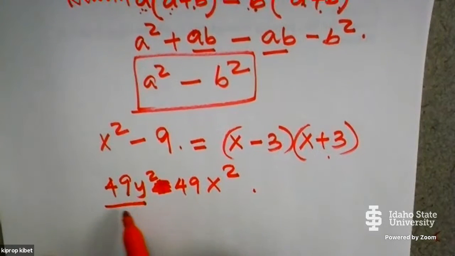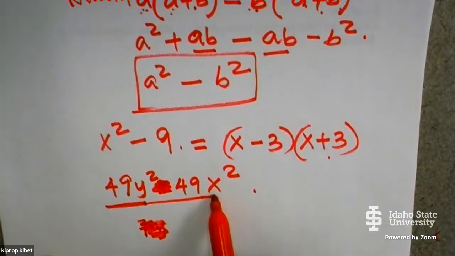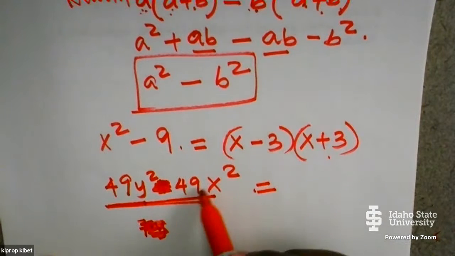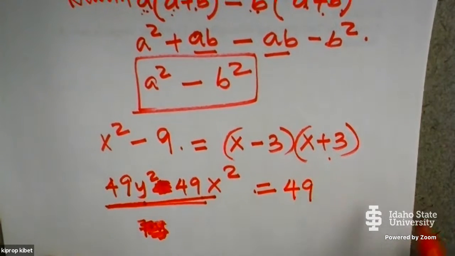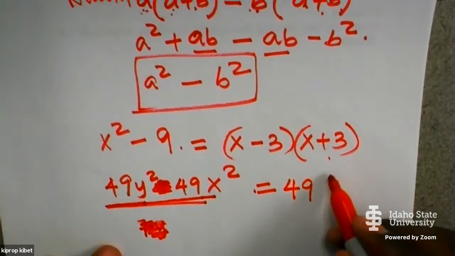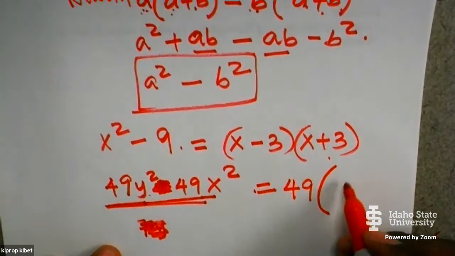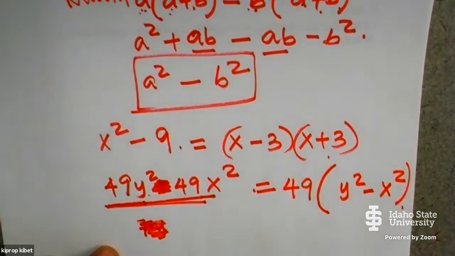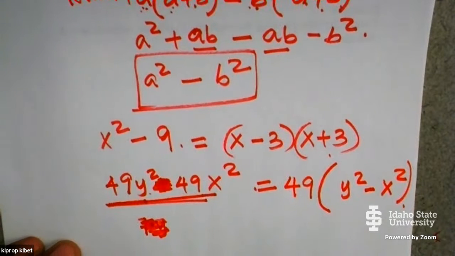When you get the square root, you get 7. But without doing much about it, do we still remember how we factor out 49? So when you factor out 49, what do you get? y square minus x square. This is the best thing to do.